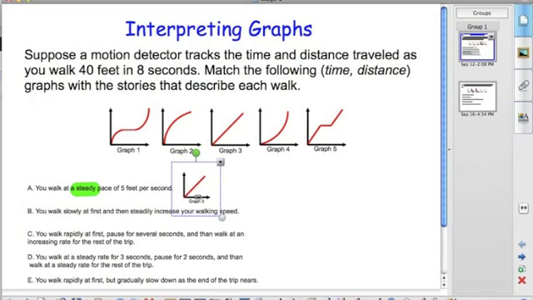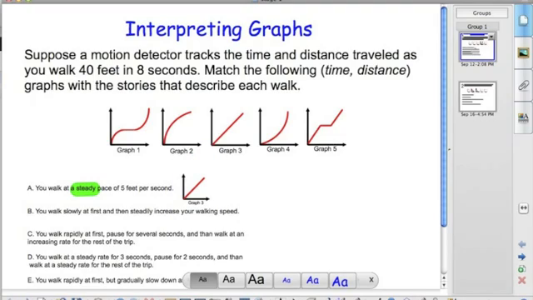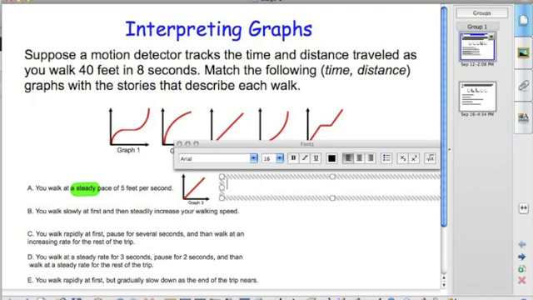And some notes you might include to remember why you identified graph 3 is just maybe to say that steady is equal to straight line, right? Or steady is equal to consistent data. Great.